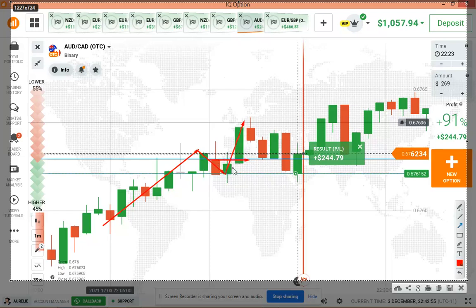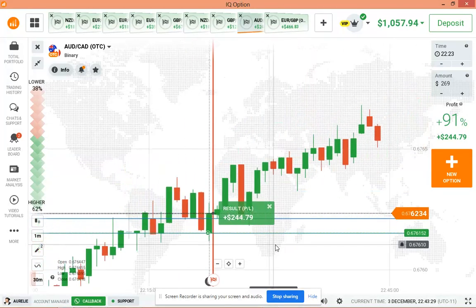So I draw a zone from that level, then I check on the left side. I saw the market reverse multiple times on this zone. The first approach, the market reached the level and the buyers entered. Second time, the buyers also entered. So which means this is a zone. From this zone, we see some buyers' entry. That is why I go with buyers on the next candle.